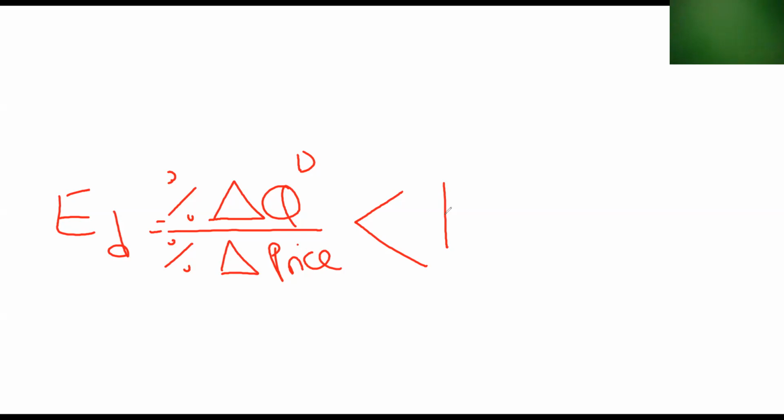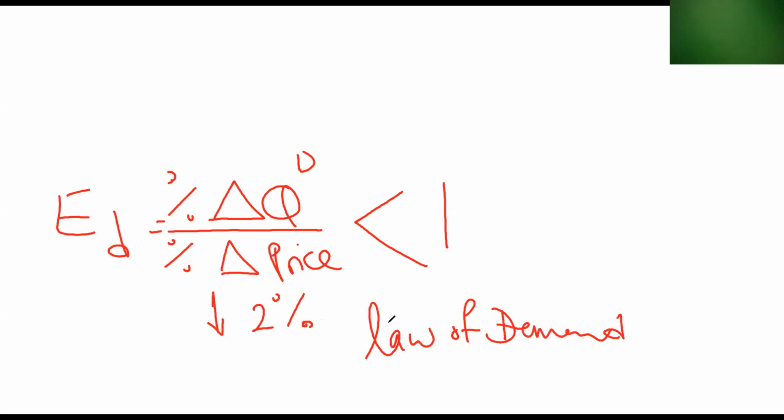And also, you know that the change in price is 2%, and your price actually is going down. So there is a reduction in price by 2%. First of all, just like the other question, remember that the law of demand tells you that there is an inverse relationship between price and quantity. Since price here is going down, you have to choose the answer that I was talking about, increase in quantity.